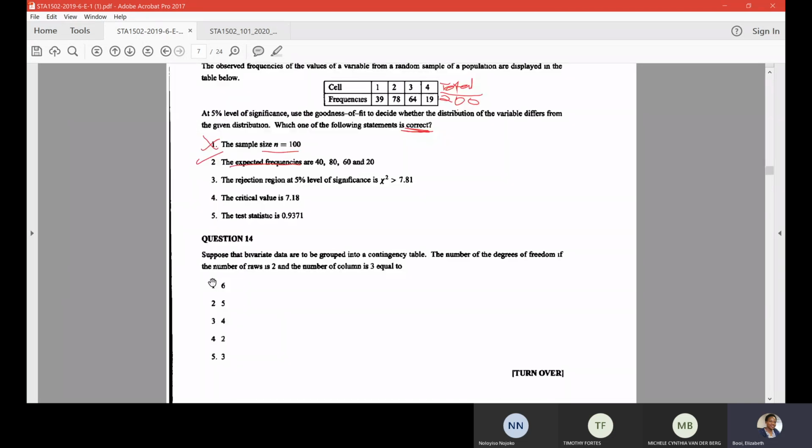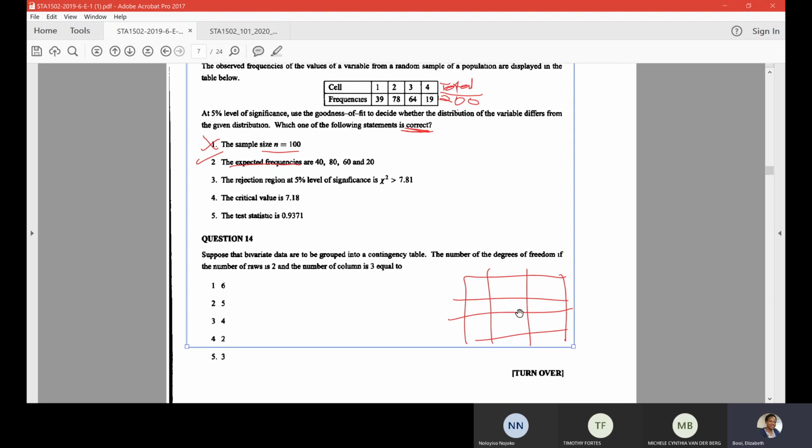Moving on, now we move into question 14. It says, suppose that the bivariate data are to be grouped into a contingency table. So remember, a contingency table will give you the number of rows and number of columns.